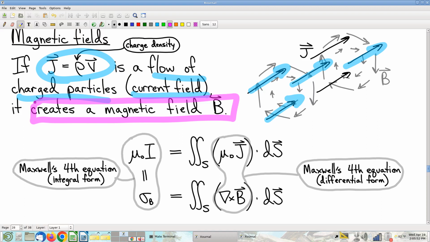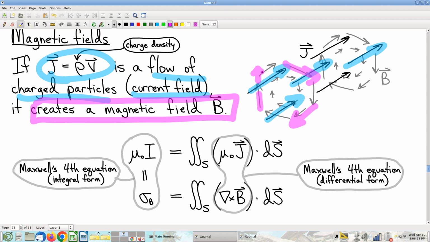So, specifically, the flow is like this, and it creates a flow like that. Some of y'all have taken physics courses, right-hand rule, and all that business. So we have one vector field representing a flow of particles. It creates another vector field representing what we call the magnetic field.